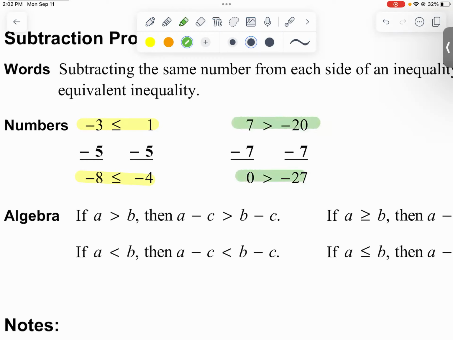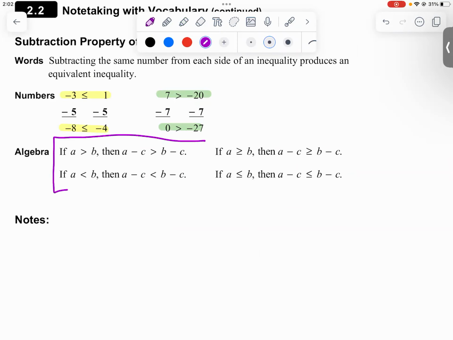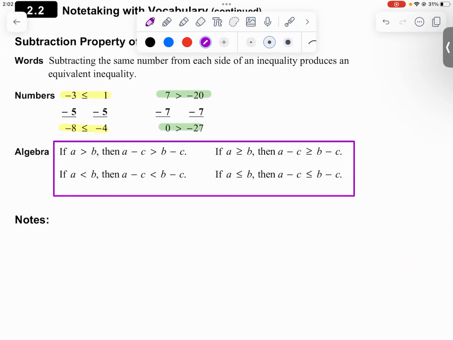If I subtract 7 from both sides, is that inequality still true? So what this is saying is that if we subtract the same number from both sides of an inequality, it is still going to be a true inequality.